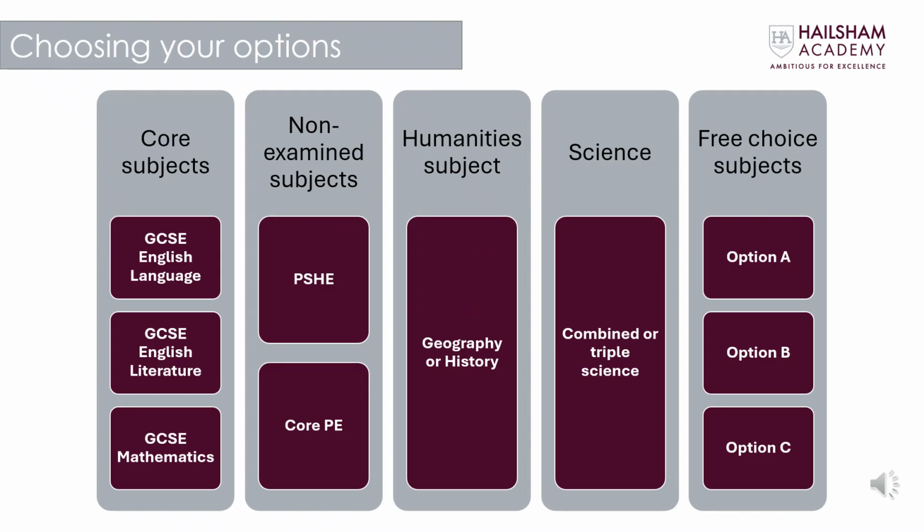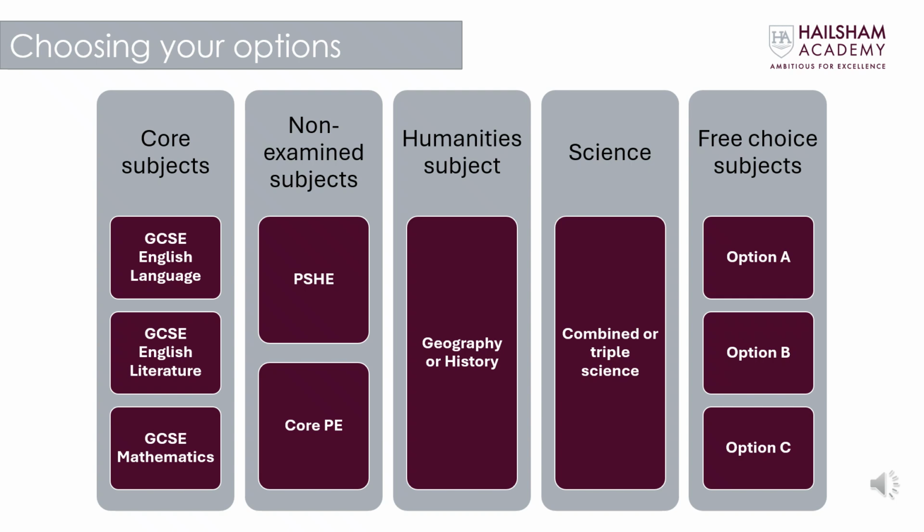Our Key Stage 4 curriculum is split into 5 main areas. We have core examined subjects in English and mathematics, and non-examined subjects of PSHE and core PE. All students will study these subjects through Year 10 and Year 11. Students get their first choice with a humanities subject and are able to opt to study either geography or history in Year 10 and Year 11.